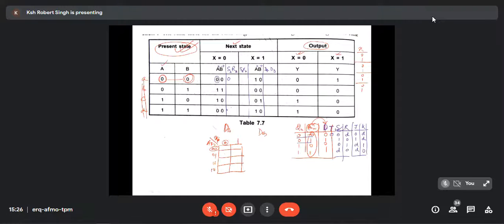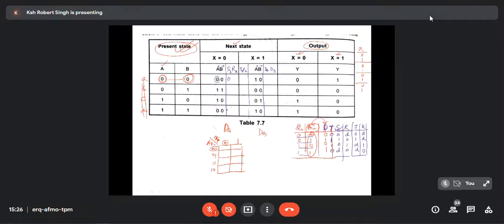Toggle, 1. Toggle, 1. No toggle, so 0. 0, 1, 1, 0 is for T. For the T flip-flop, 0, 1, 1, 0 is the excitation table. So having all these things in your mind, now tell me SA, RA.